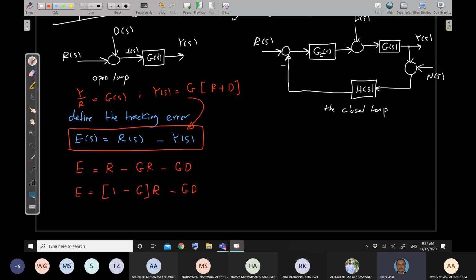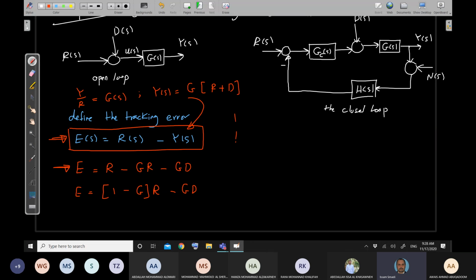So even though I don't have a feedback, I can still calculate the error signal. Why? Because even if I cannot see it explicitly, implicitly I'm having an error signal. Yes, because the objective of any control system is to minimize the error signal. Even if you cannot see the error signal, it's still there.